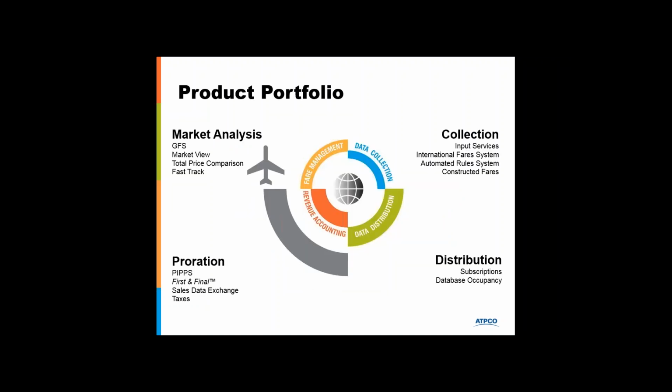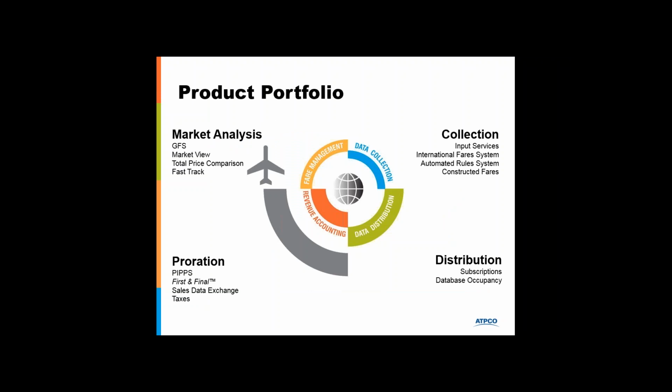And what we offer in our product portfolio, this begins where we have 4 different quadrants. In the first one, it's the collection of data, where systems are available for airlines to put fare and what we call fare-related data. This would be the rule restrictions, any booking exceptions, and taxes, etc., that they have exceptions for.